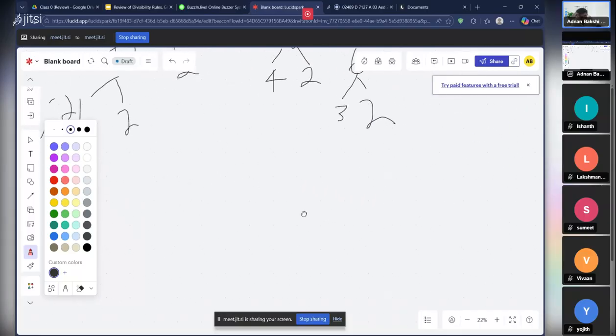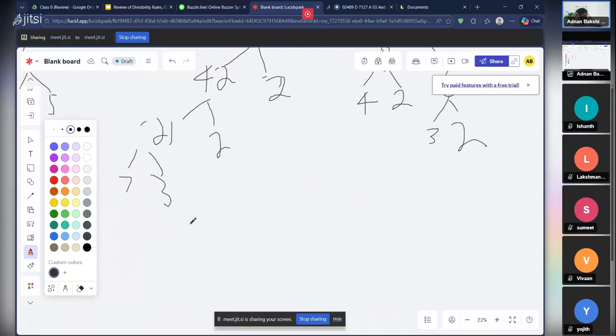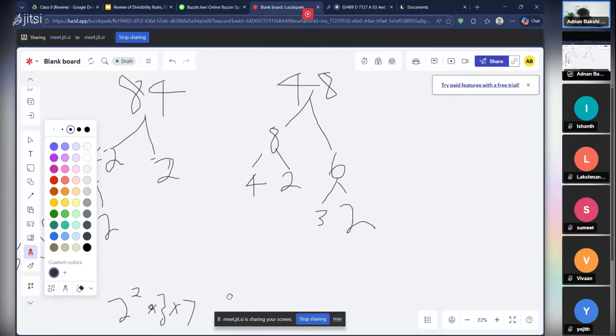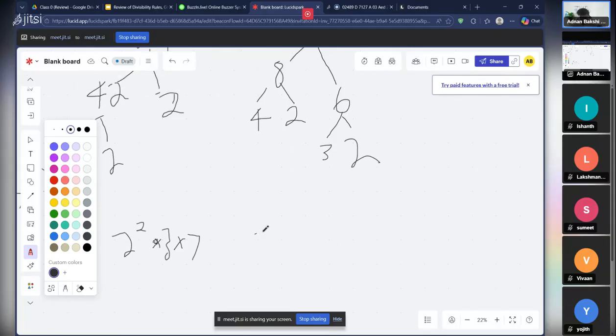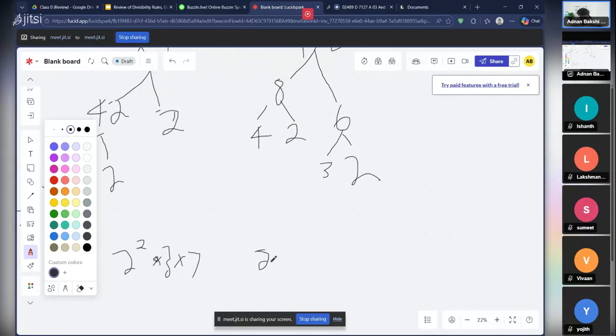So then you have 2 squared times 3 times 7. Sorry guys, let me write it more clearly. For 48, it would be 2 squared times 4 times 3.